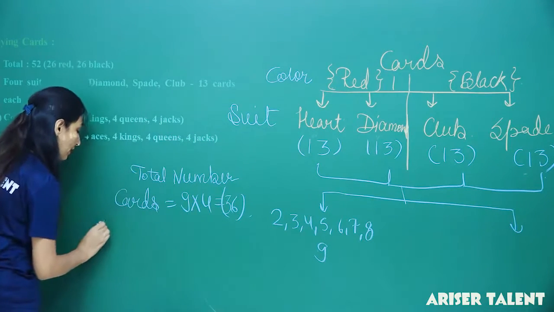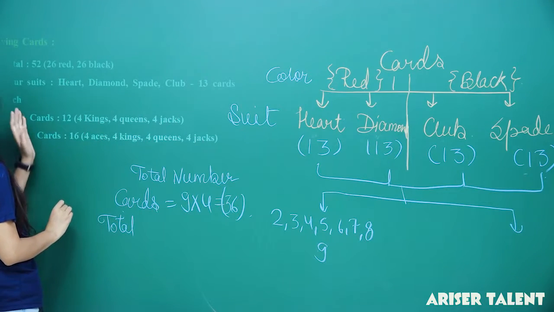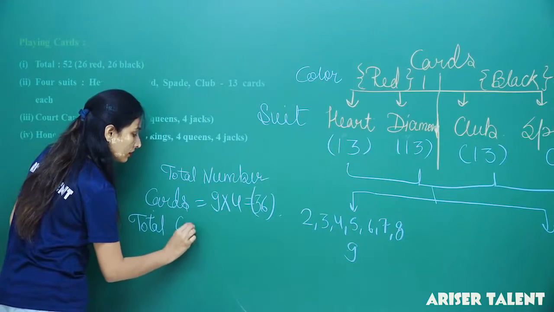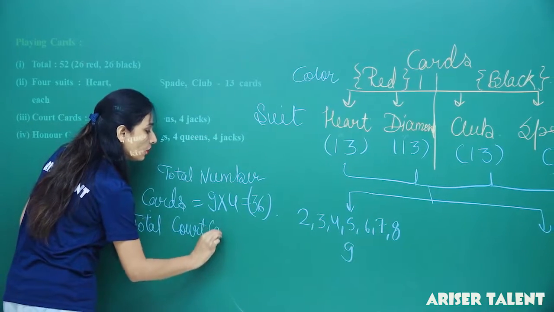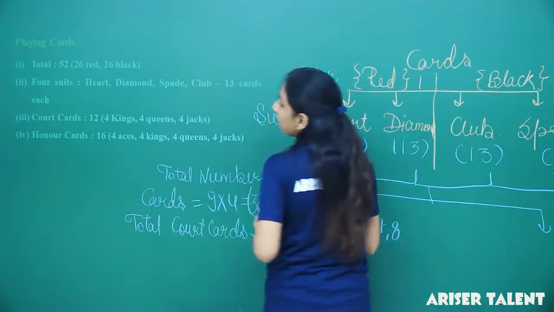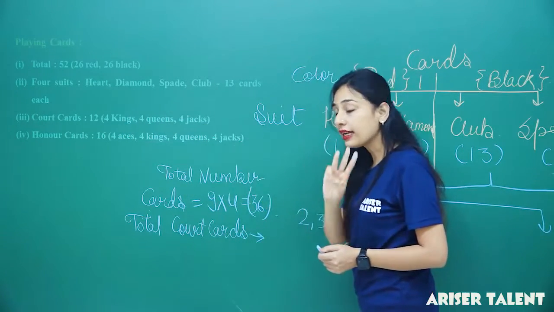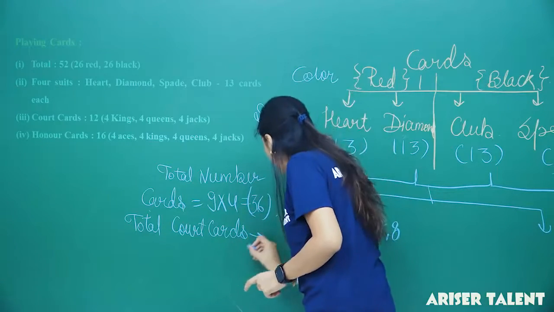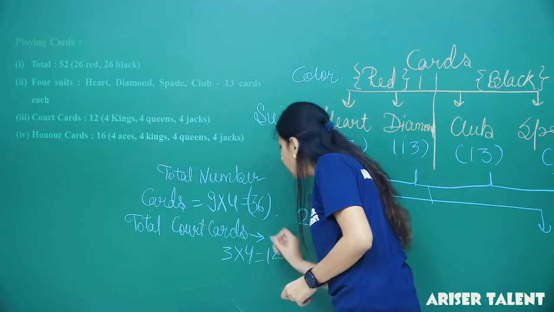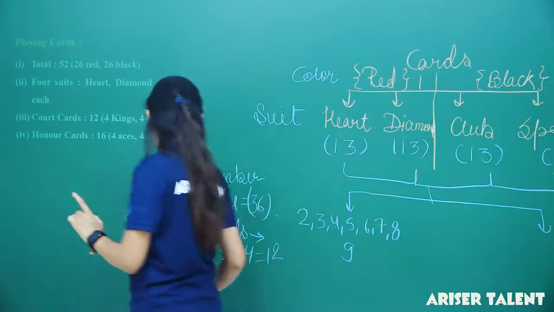Now if I talk about total court cards, students, we have kings, queens and jacks, 3 cards from each category. That makes 3, and the categories are 4, so that makes 12 court cards.